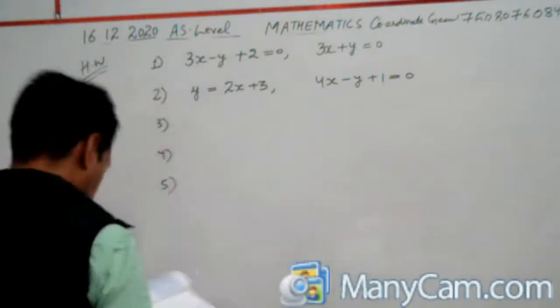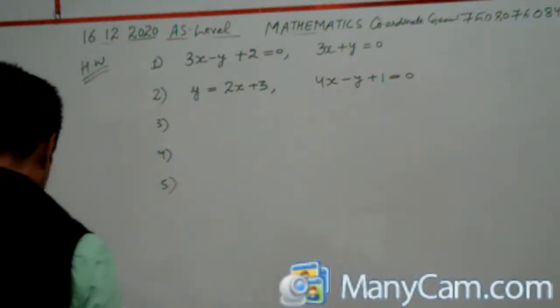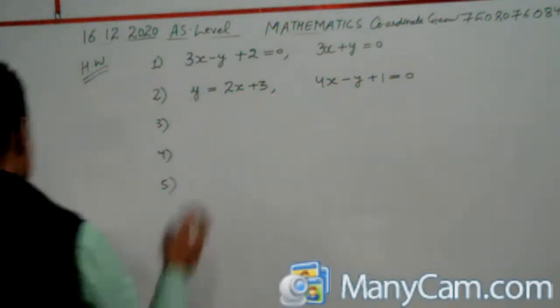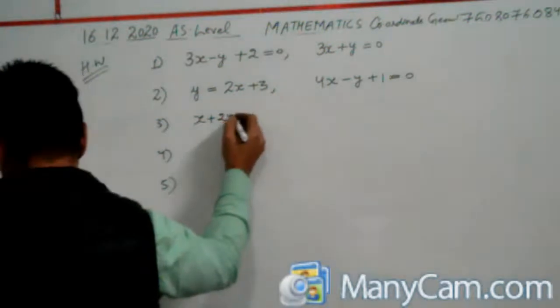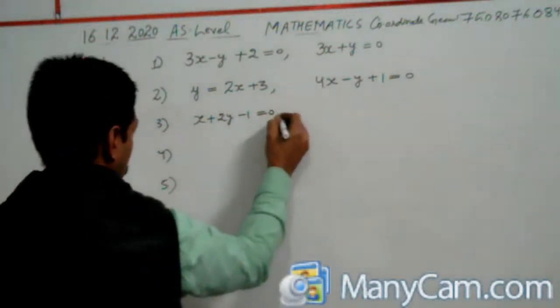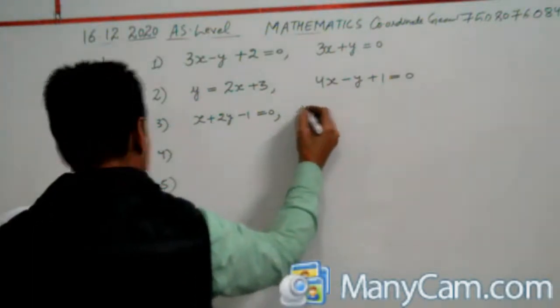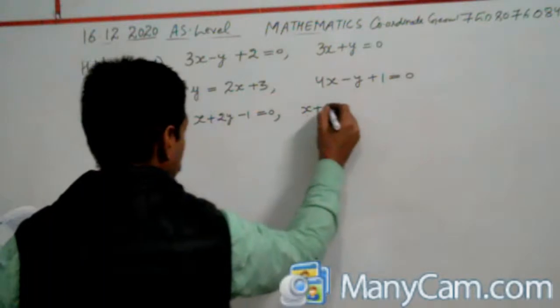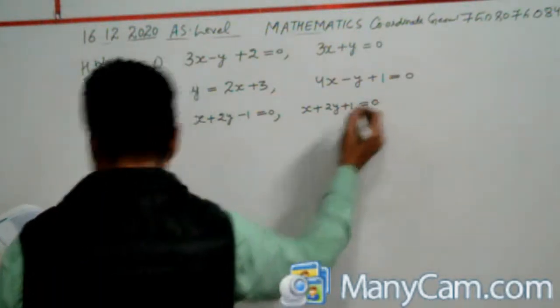Next, that is x plus 2y minus 1 is equal to 0, and its pair is x plus 2y plus 1 is equal to 0, right?